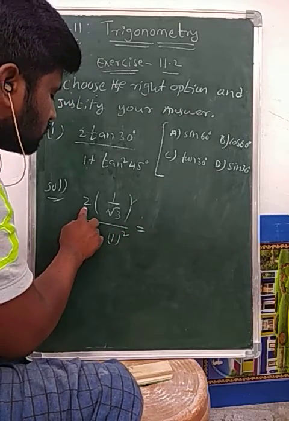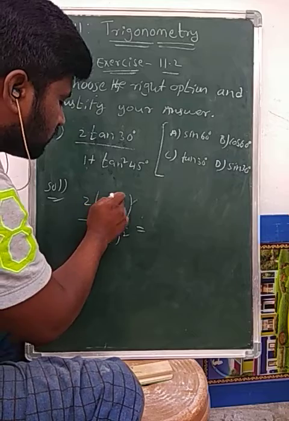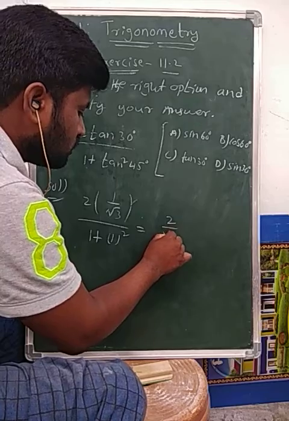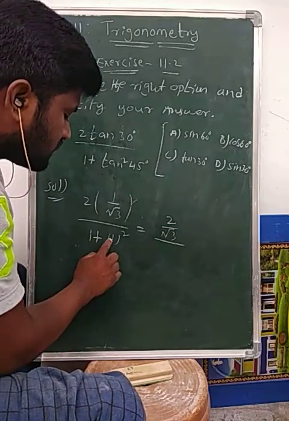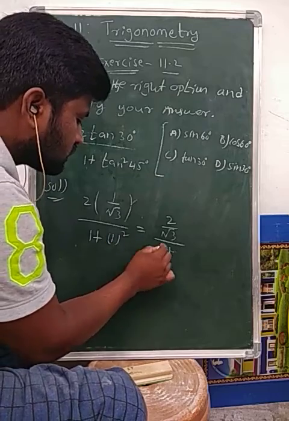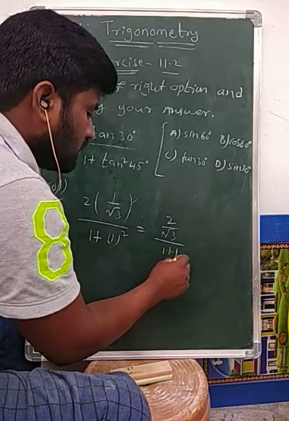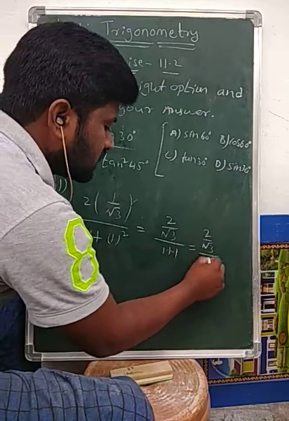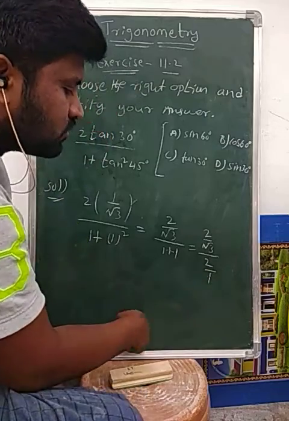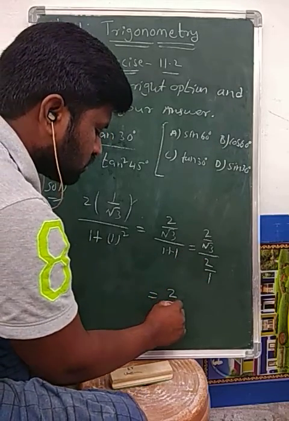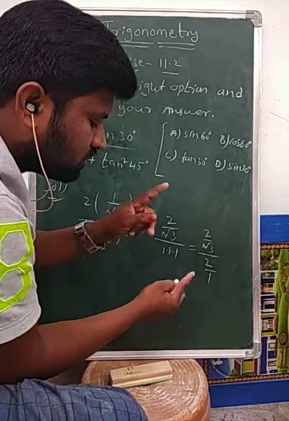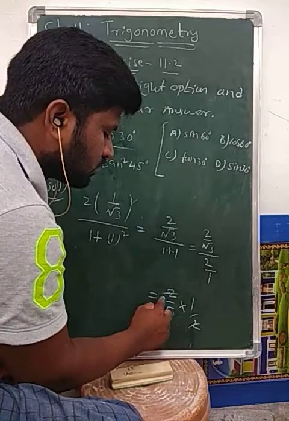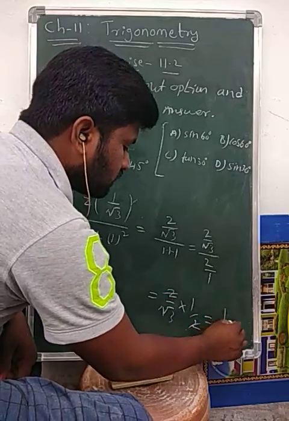So we can write it as 2 of 1 by root 3, that is 2 by root 3, by 1 plus 1 square, which is 1 plus 1, that is 2 only. You can take the denominator as 1. Then 2 by root 3 times the reciprocal of 2 by 1, that is 1 by 2. So 2 cancels, which gives 1 by root 3.